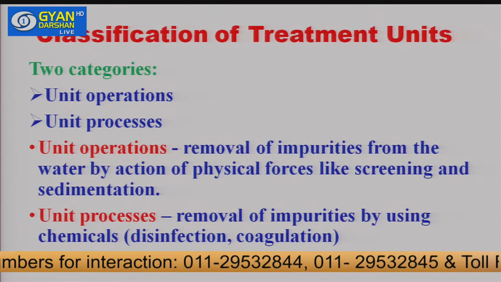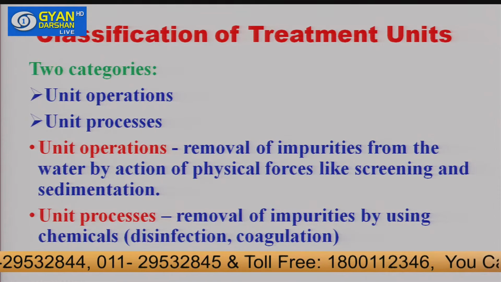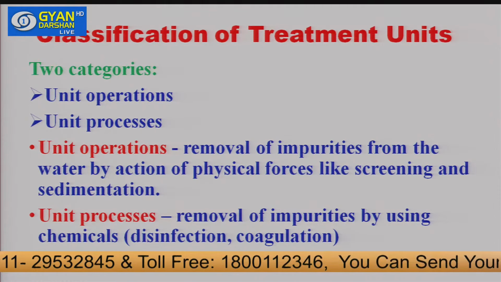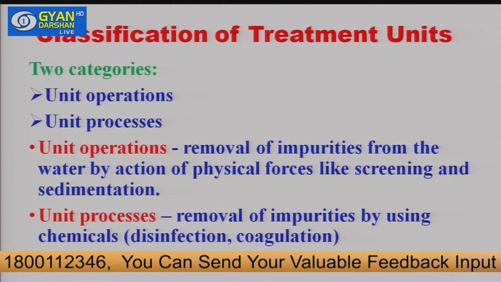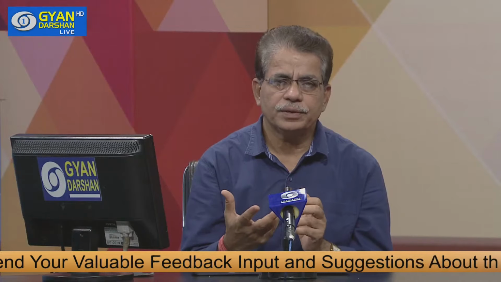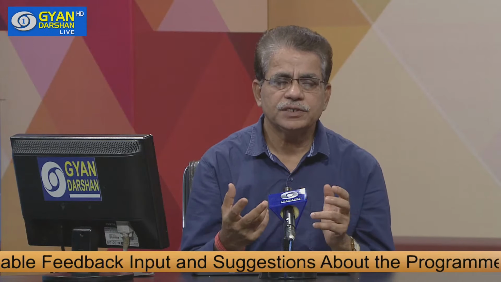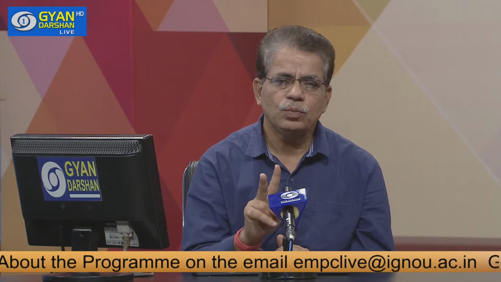First of all, let us see in how many groups all the different treatment units can be classified or grouped. Basically, all the units which are used for treatment of water may be classified into two broad groups.